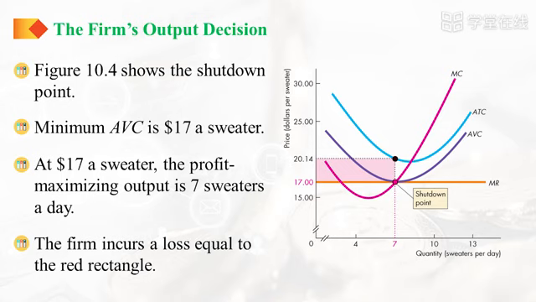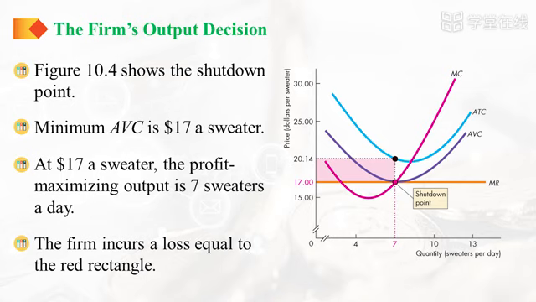However, as the price goes up. Okay, if MR is 17 and MR equals MC, that provides the profit-maximizing point at 7 units of sweaters for the firm. But take a look at this diagram.